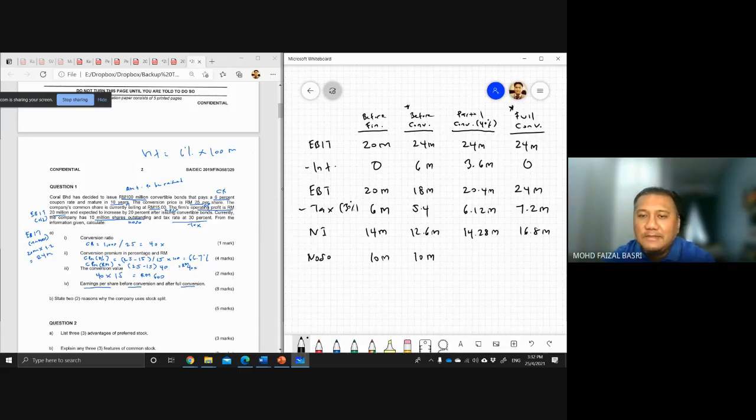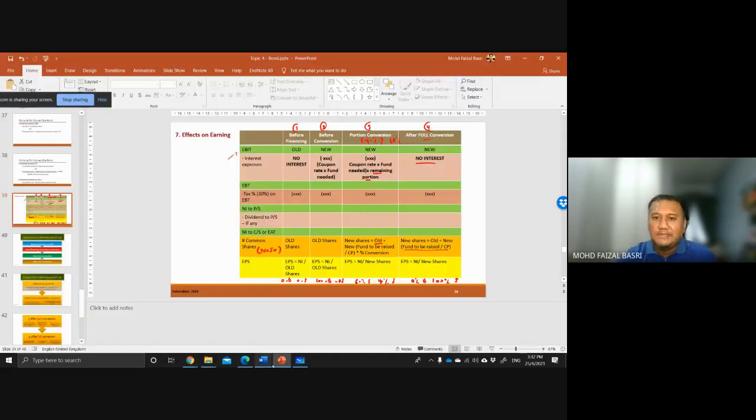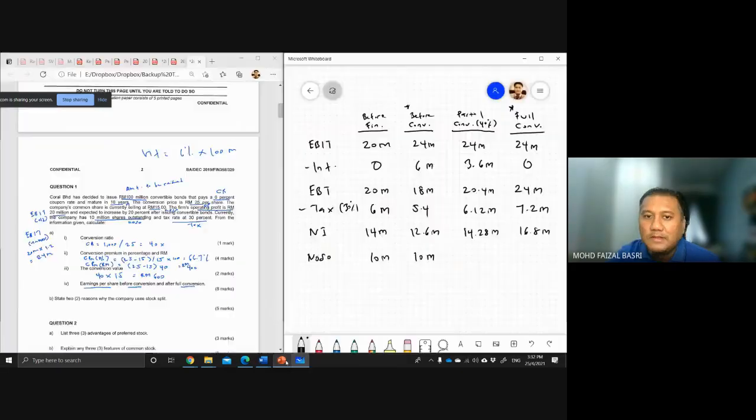Okay, but the partial and full conversion, obviously akan ada penambahan number of shares outstanding. The original is 10 million, right? So the formula to find the new number of shares is based on amount to be raised bahagi dengan conversion price. So amount to be raised again is 100 million and conversion price is 25 ringgit.